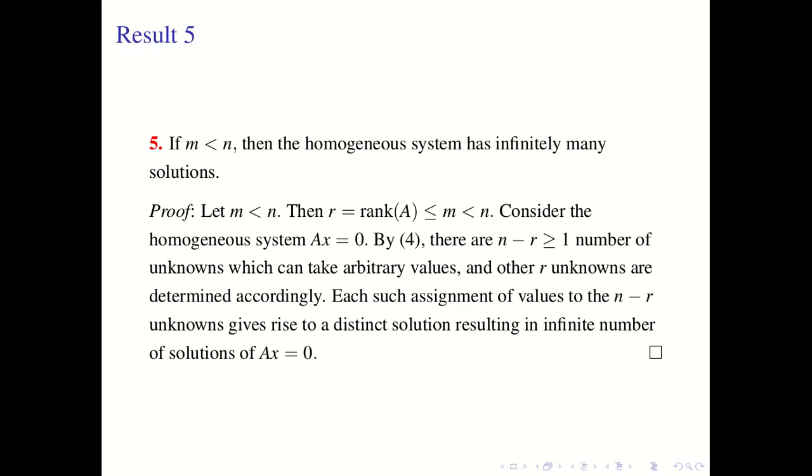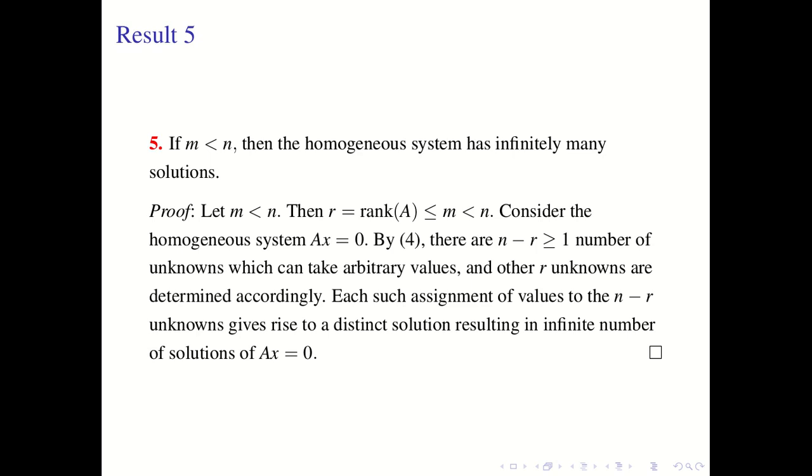Now by our previous result, there are n minus r number of unknowns. Note that this n minus r will be at least 1. These n minus r unknowns, the free variables, can take arbitrary values, and the r other unknowns, the basic variables, are written as linear combinations of these n minus r free variables.